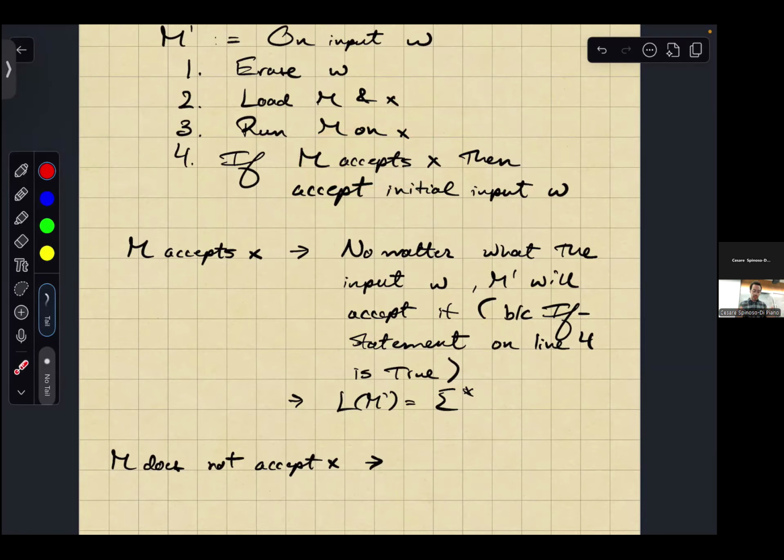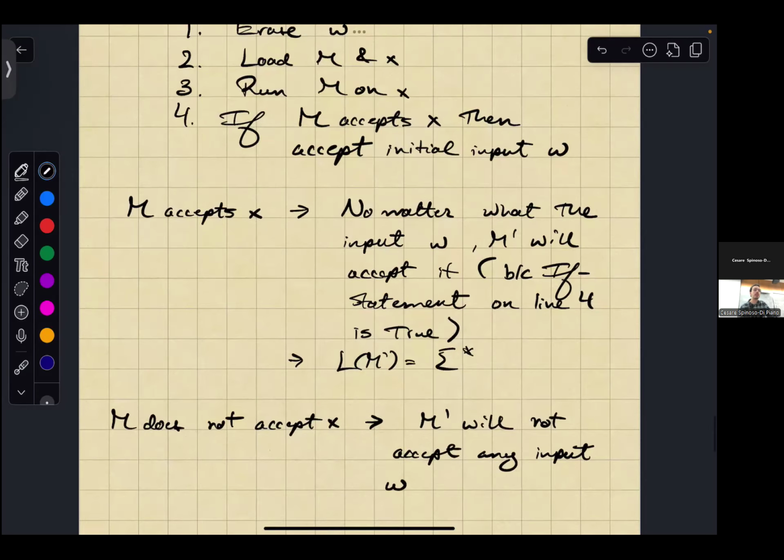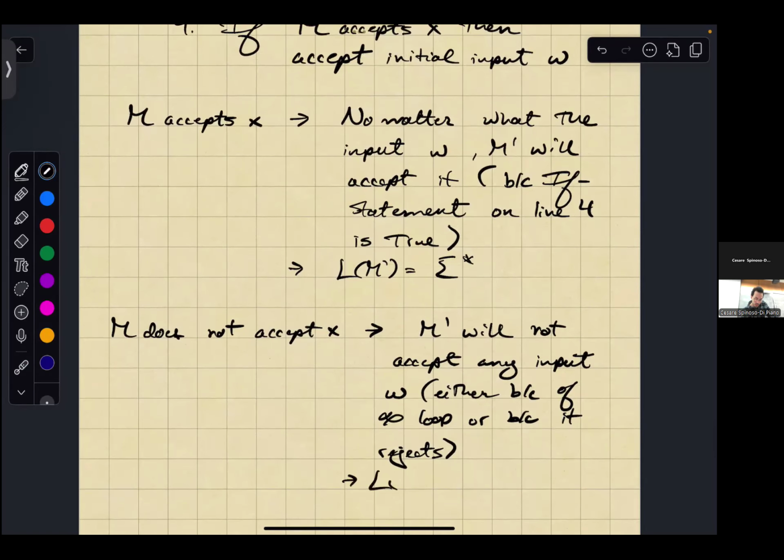So in either case, M prime will not accept any input W, either because it's stuck in an infinite loop or because it rejects. And so that means that L of M prime will be what?